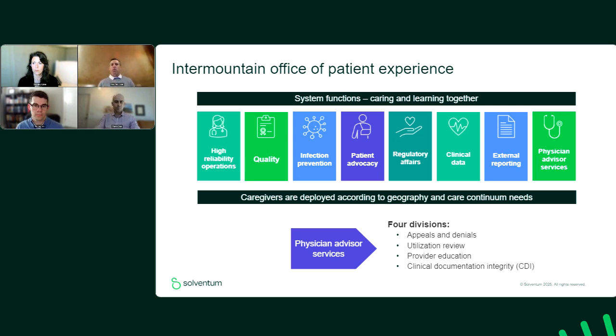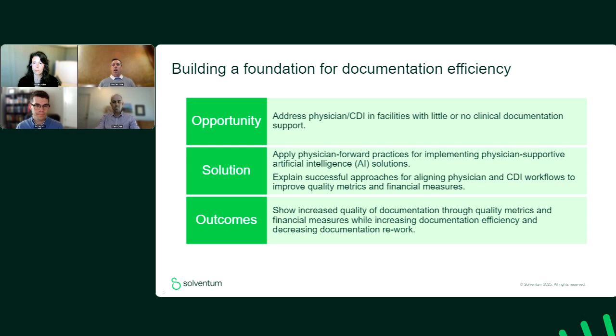So, framing the opportunity that we had at Intermountain: structure historically, coverage rate. What that means is that our CDI nurses who are looking at accounts and hospital stays are only able to touch about 45% of the inpatient stays that come into our hospitals.